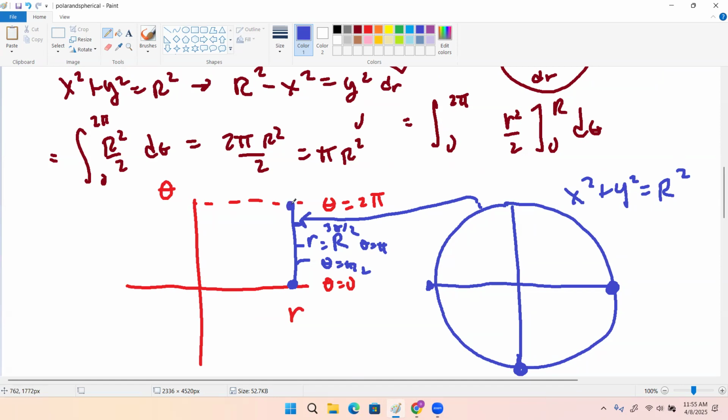You see that? So this blue circle is changed to this line here. And for a constant theta, and this is what's kind of interesting, let's just look at a constant theta. Let's say this is theta equals pi over 4. Well, this red line is transformed into this red line here.